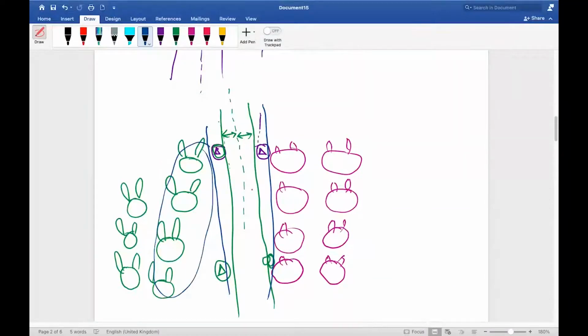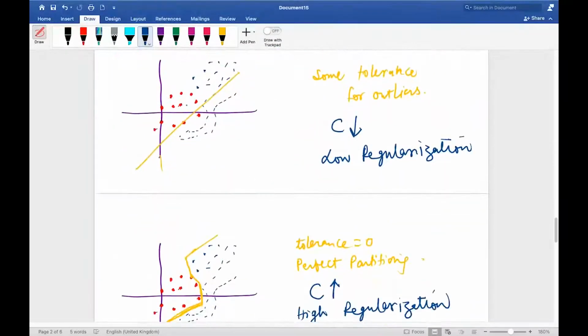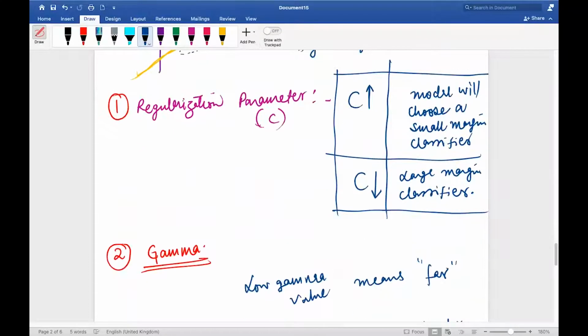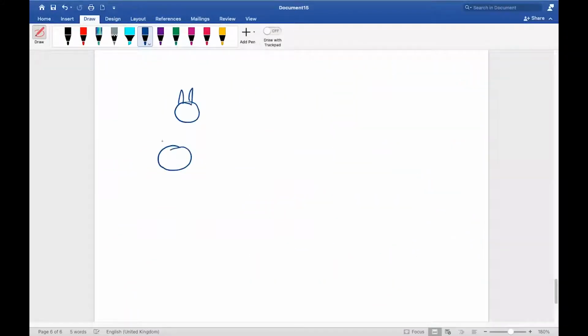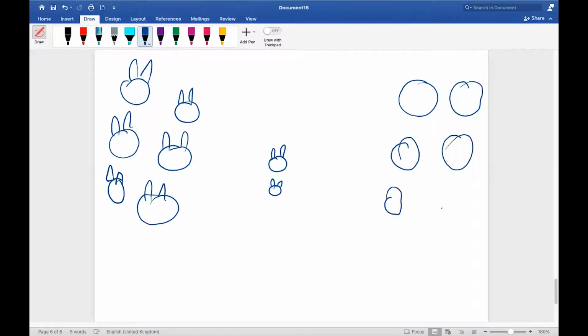Clear? Now what is the difference? I'll tell you. Let's say this is a group of rabbits, and let's say there are a few outliers. Here are lions, and I'll draw the lions in circular shape.